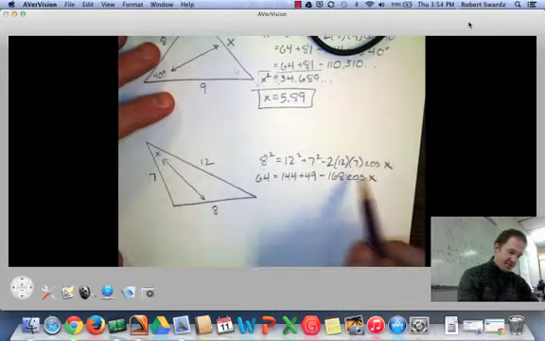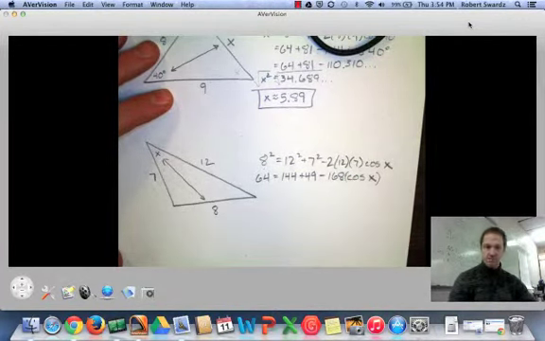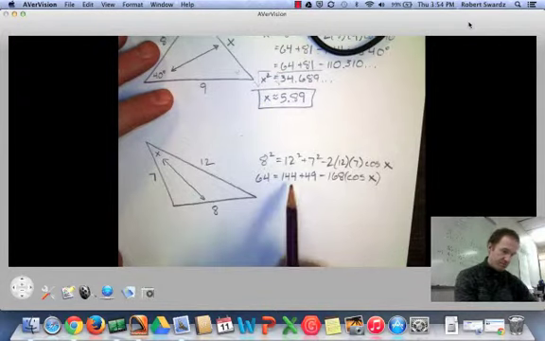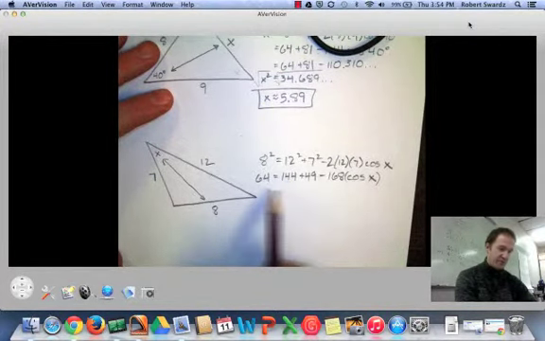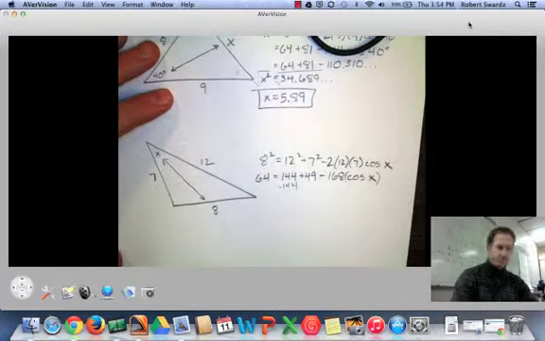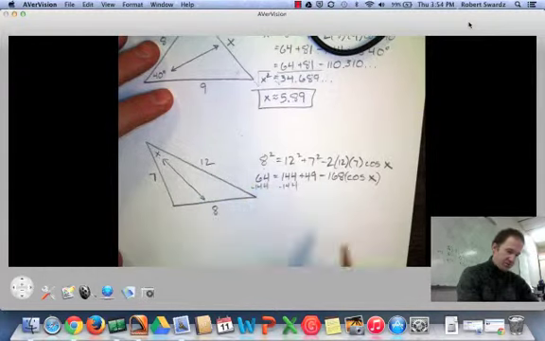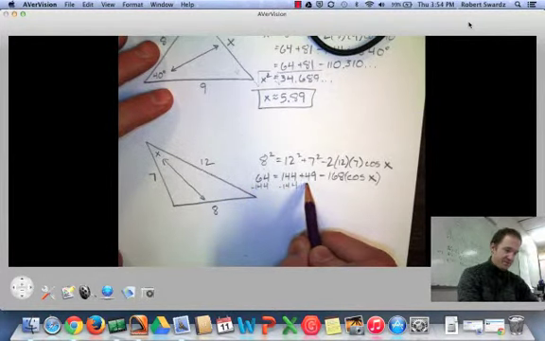Now, I've got to solve for this cosine x thing. So I'm going to subtract the 144 from both sides. I'm also going to subtract the 49 from both sides.